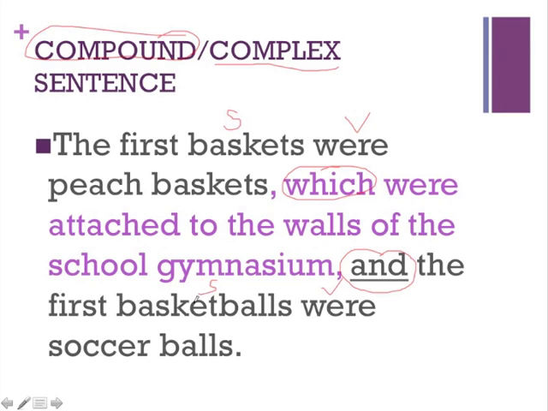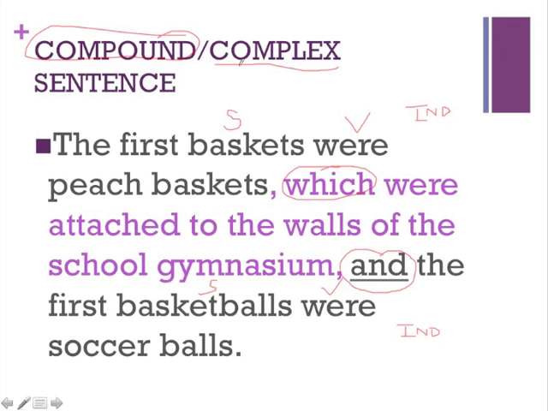But the two ideas do not depend on each other. And we know that because the connector and is essentially adding more information. So to be more specific, what we have here is a subject and a verb of one independent clause. And we have the subject and verb of another independent clause. So in other words, we have two independent clauses going on here.